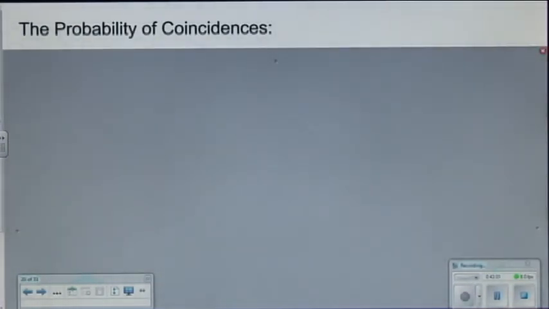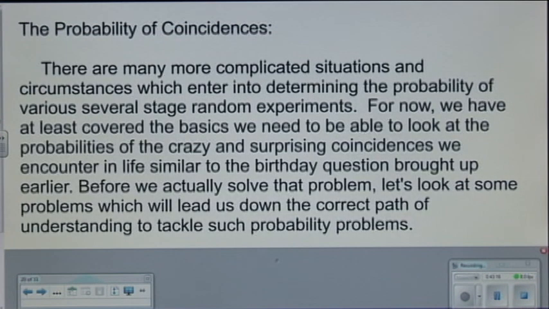So having discussed these properties of probability and having looked at several examples, let's return to talking about the probability of coincidences. There are many more complicated situations and circumstances which enter in determining the probability of the various several-stage random experiments.